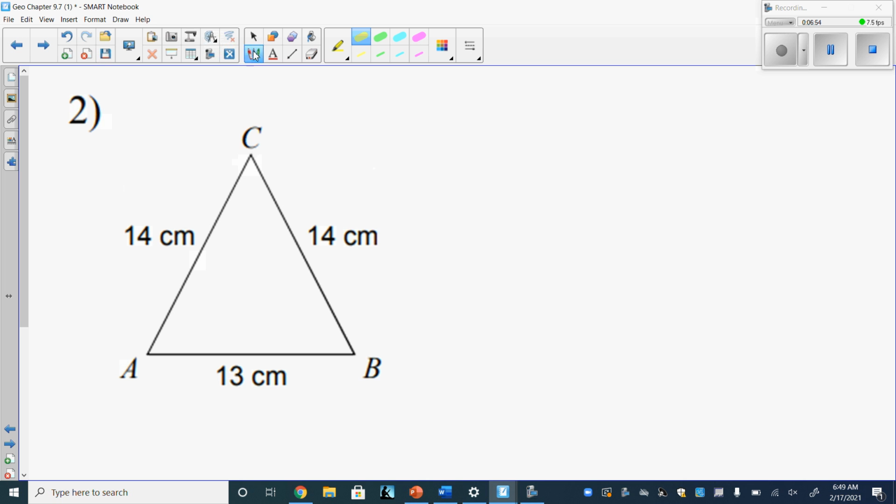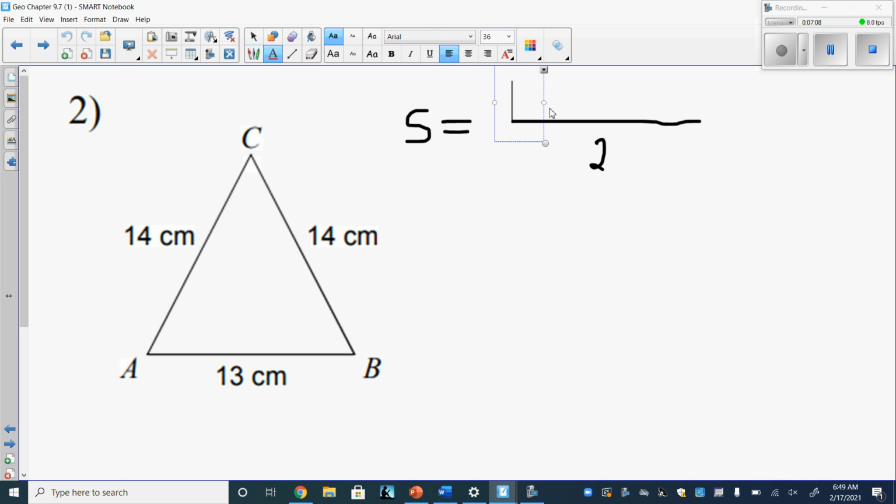Okay. We're going to do it again. So we're going to look at this one here. And again, one of the first things we need is the S value. It's not too hard to find. All we've got to do is add all three side lengths together and divide them by 2. We have 14 plus 14 plus 13.